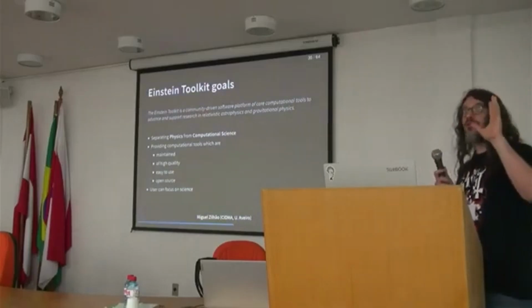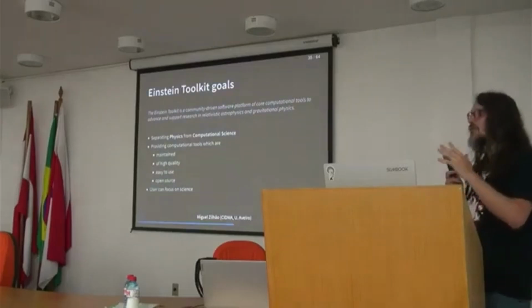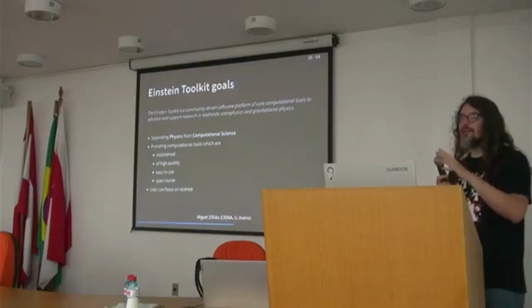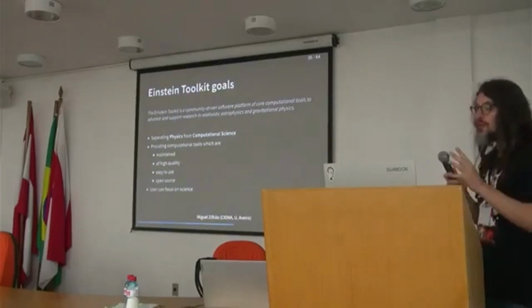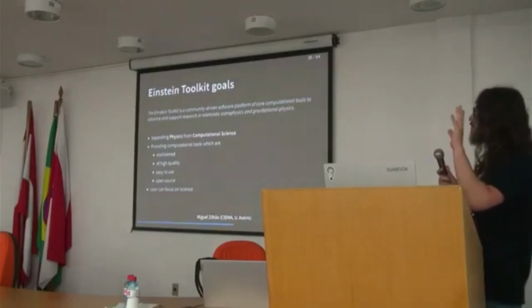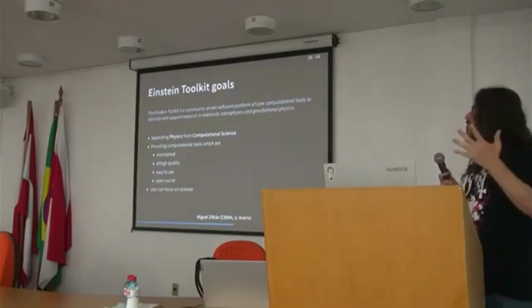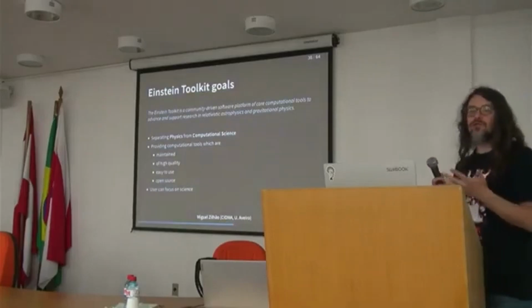This is what I was telling you before. You don't want to be spending your time figuring out the most efficient way of performing input and output, or the most efficient way of parallelizing your code, right? Those are very interesting problems, but those belong in computational science. If you want to be doing physics, then we have our own problems to think about and to spend our time on.